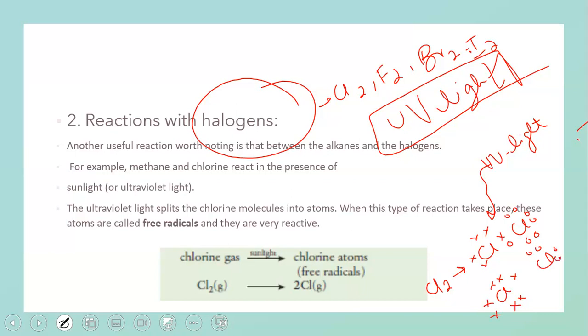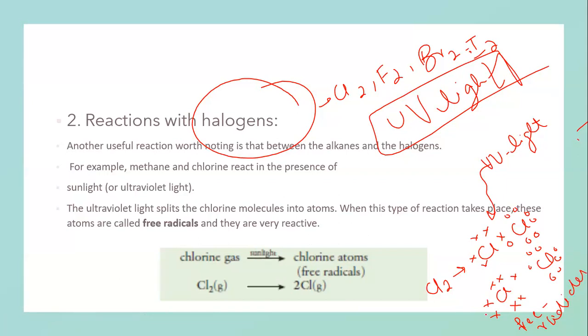So the chlorine molecule Cl2 will break down to give you two chlorine. But these two chlorine are not atoms. They are a special chemical species we call free radicals.